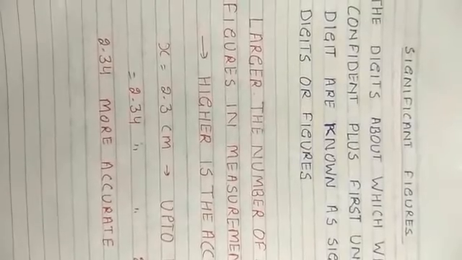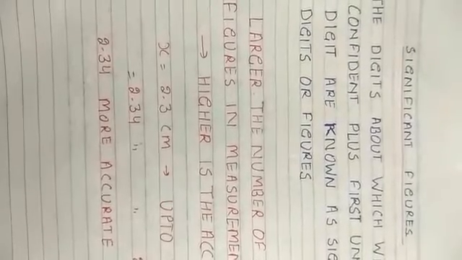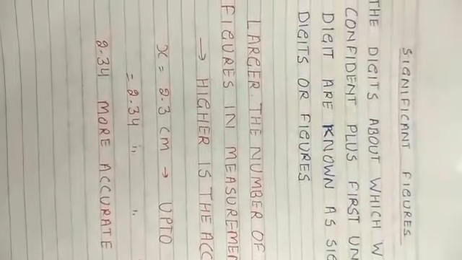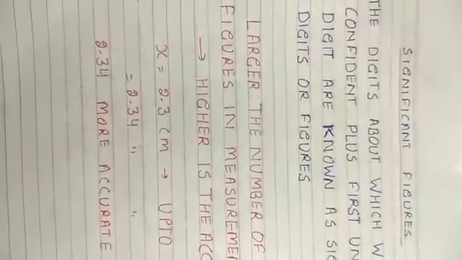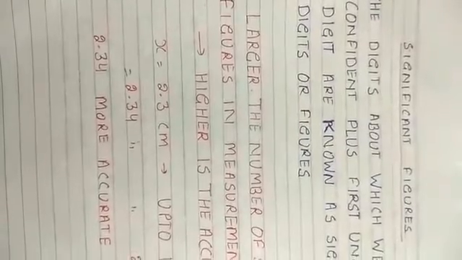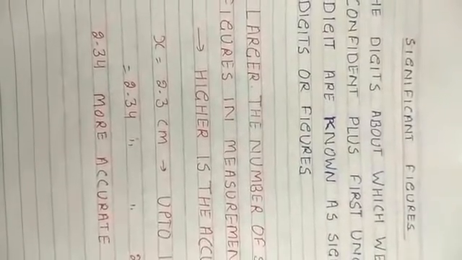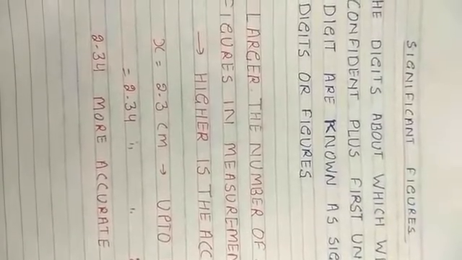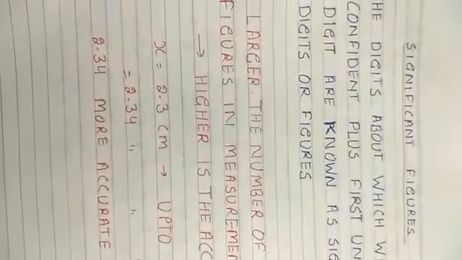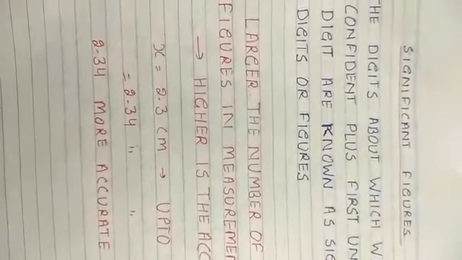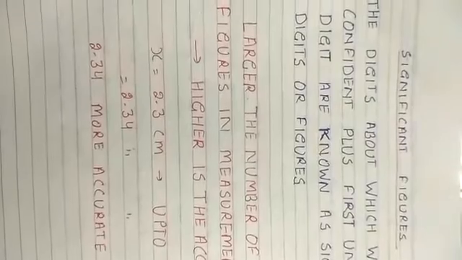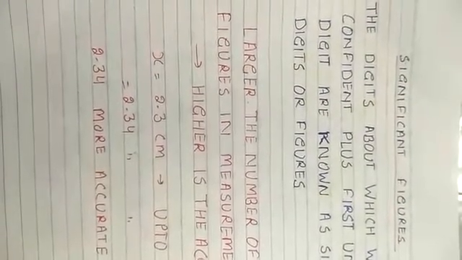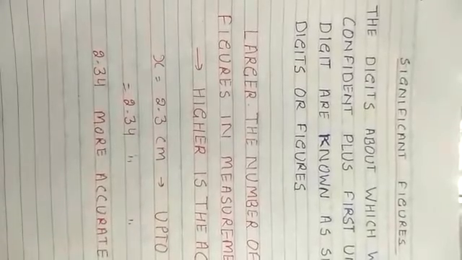Before significant figures, I am going to explain that every measurement involves some errors. Let's take an example. If we measure the length of a body by a simple scale and it's 2.3 centimeter, we can say whether it's 2.3 or a little bit more than 2.3.